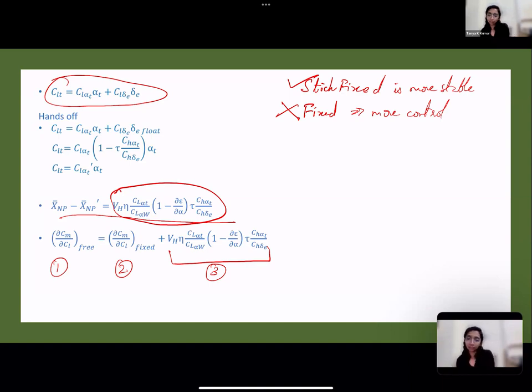Let's just leave control out of this and tell me why. You're right, the first statement is true. Stick fixed is more stable. Why is it more stable? Why is stick fixed more stable? Just look at this last equation and try to tell me.